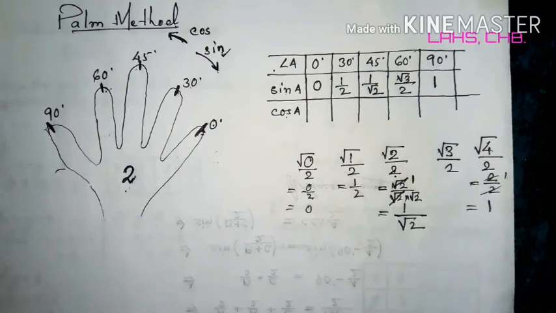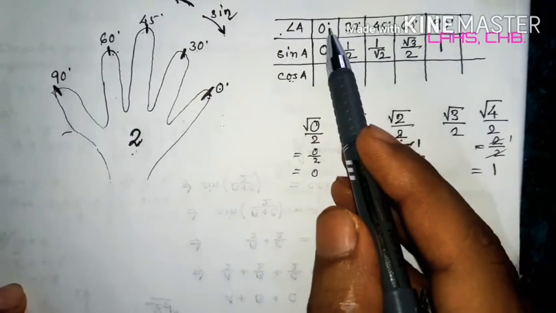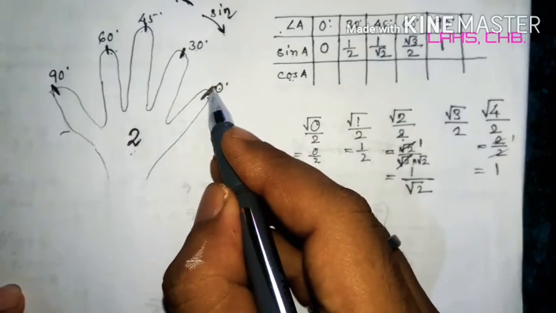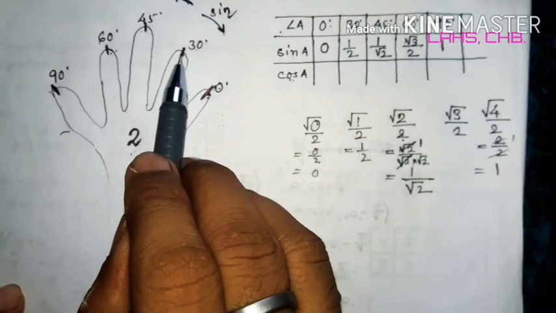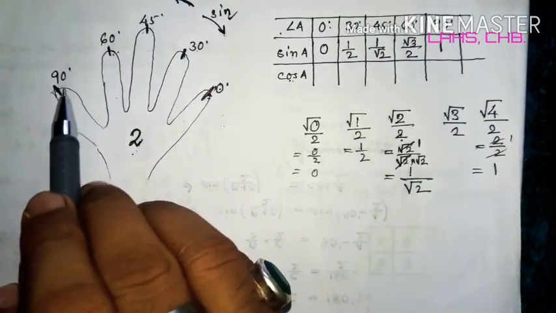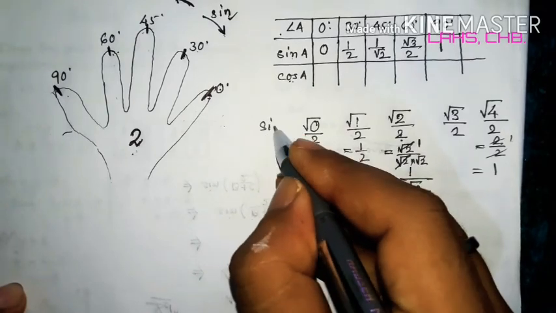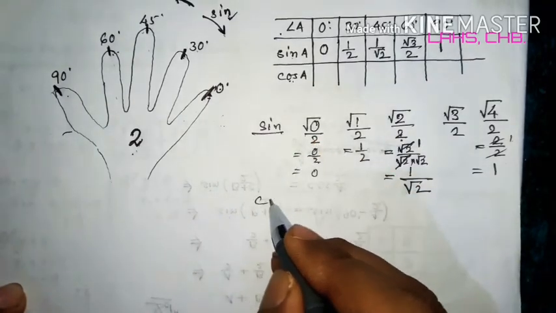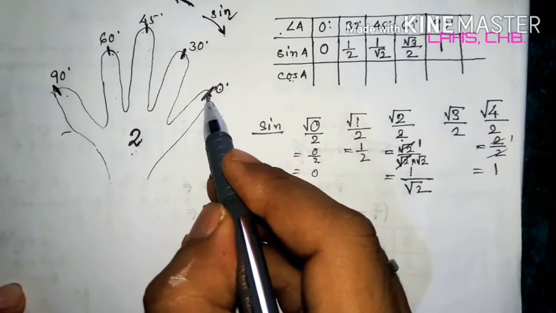So see, we are going to obtain first the value of cos 0 degree. 0 degree is here at this finger. So next to it in this direction, how many fingers are here? 1, 2, 3, 4 fingers are here. So 4, these are the values for sine ratio. Next we are going to count the different values of cos ratio. 0 is here.